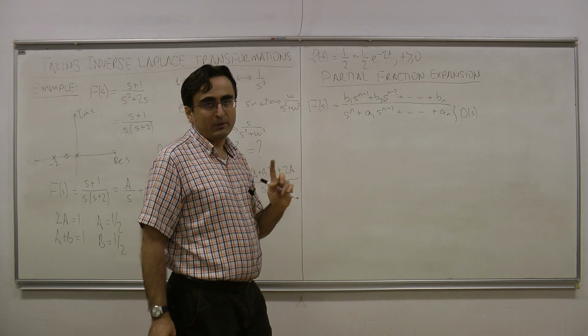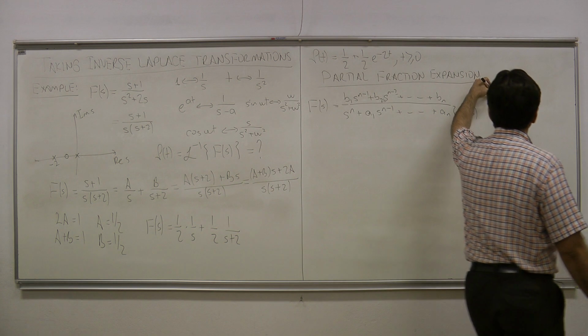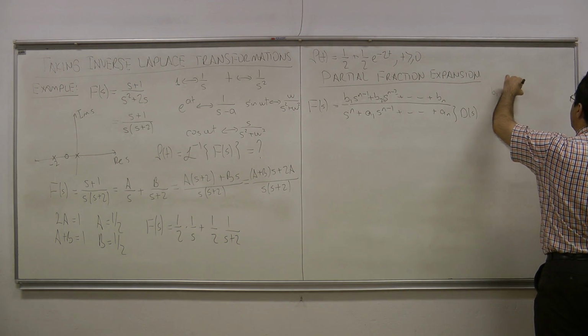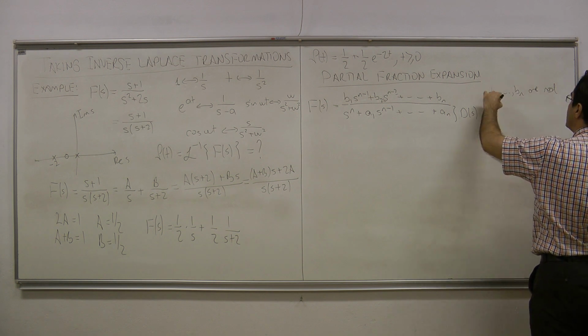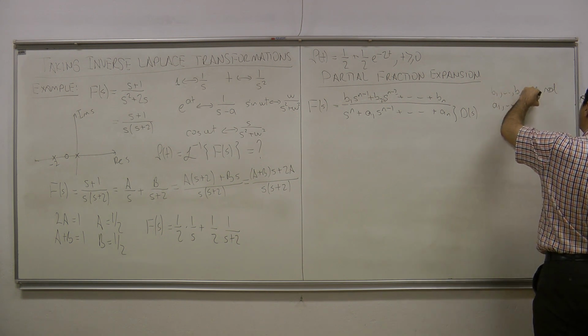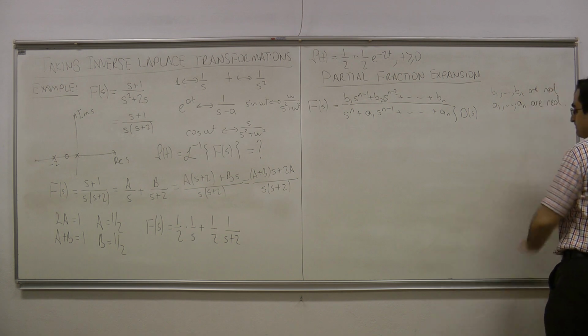They won't be complex coefficients. So here I can say that b1 to bn are real and a1 to an are real.